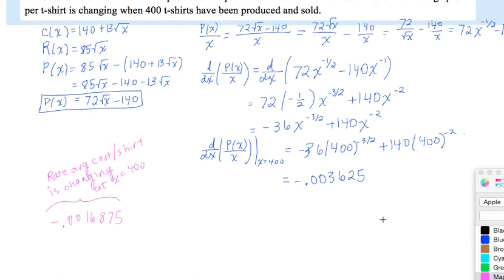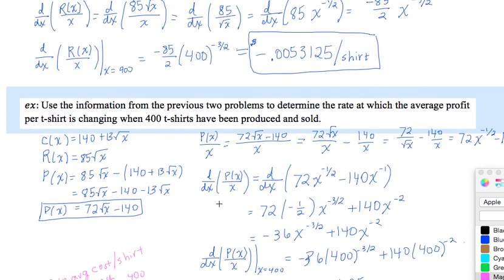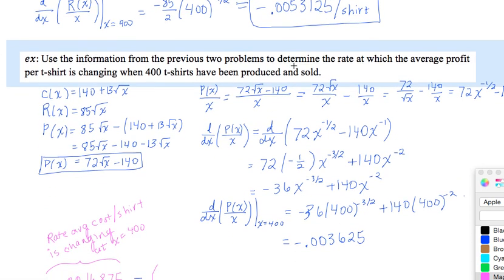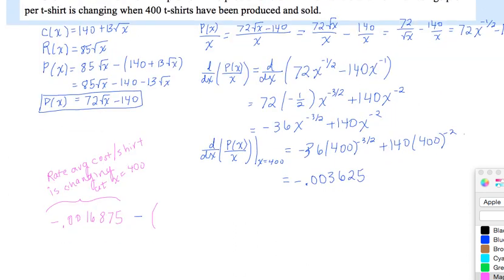Okay, so we do the average cost per shirt minus the average revenue. We found right here was negative 0.0053125. I'm just going to abbreviate here and put revenue. That's the rate at which the average revenue per shirt is changing when x is 400.